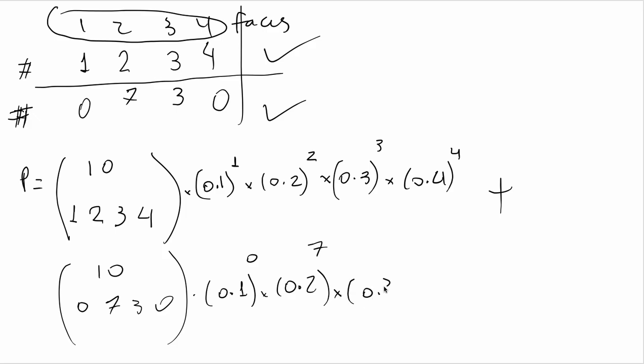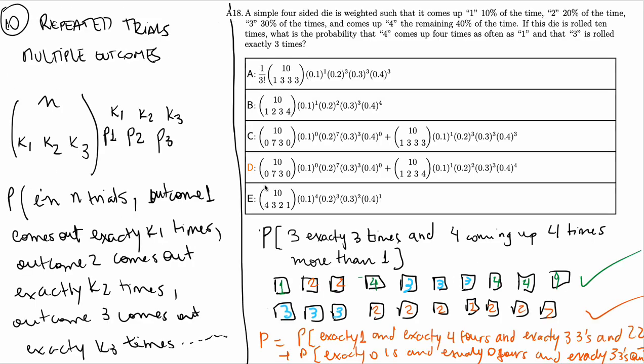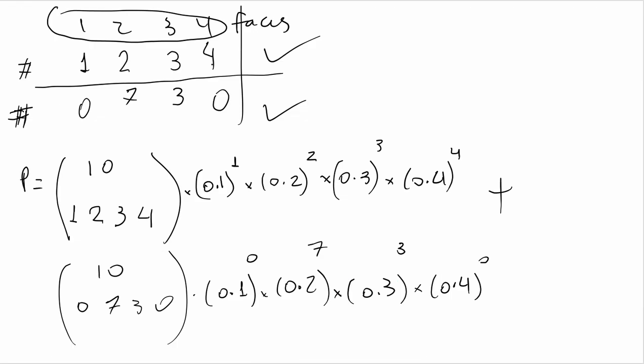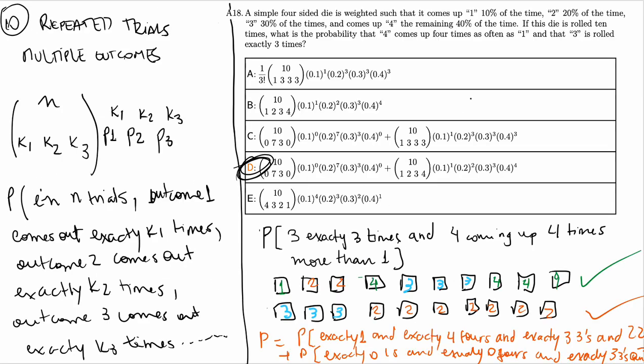How many times will 0.3 appear? 3, right? And 4 won't appear, so that's this. And here is the answer. So you choose 10 to 1, 2, 3, 4, exactly the first, this here, okay? 0, 1, 2, 3, 4, and then 1 doesn't appear, 2 appears 7 times, 3 appears 3 times, 4 appears 0 times. Okay?